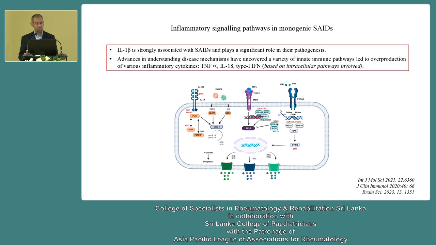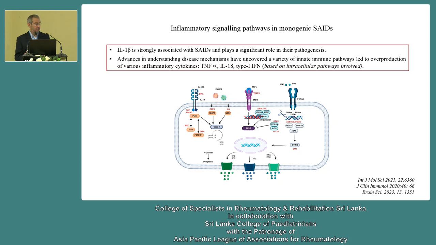However, with advances in understanding and new molecular genetic discoveries, other mechanisms have been uncovered. A variety of innate immune pathways lead to overproduction of various inflammatory cytokines, namely tumor necrosis factor, interleukin 18, type 1 interferon, and so on.